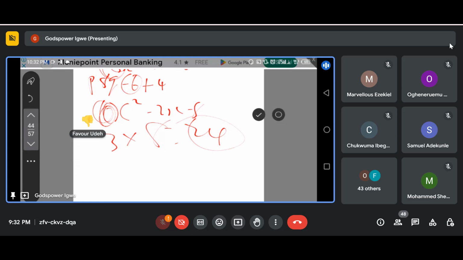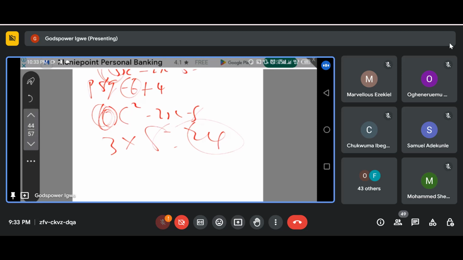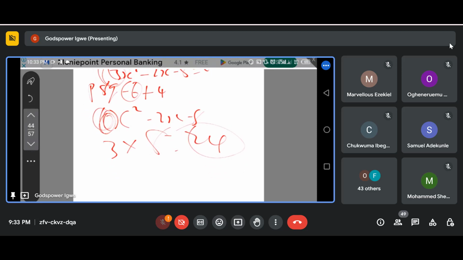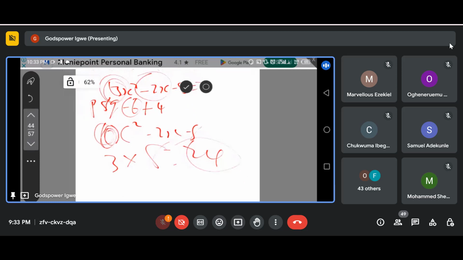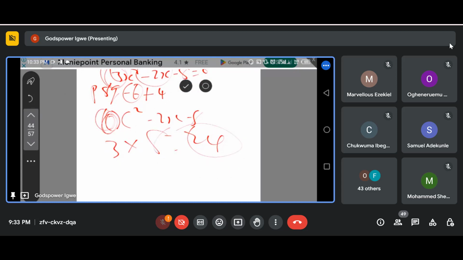Now we look for two numbers that multiply to give 24, and when you add them they give you this middle number, which is 6. Those two numbers we found to be 6 and 4.